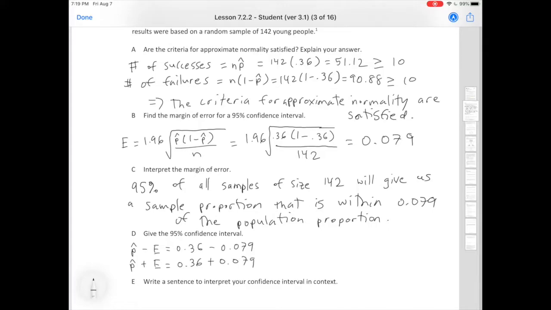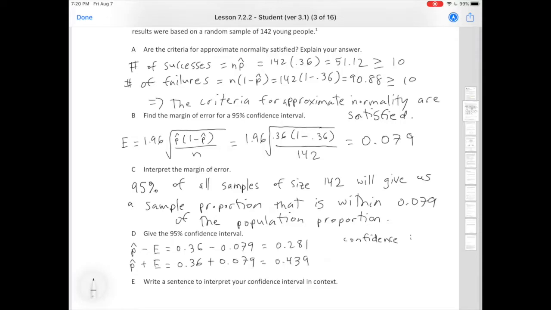And the other one is 0.36 plus 0.079. So if I do the subtraction first, I get 0.281. And if I do the addition, I get 0.439.